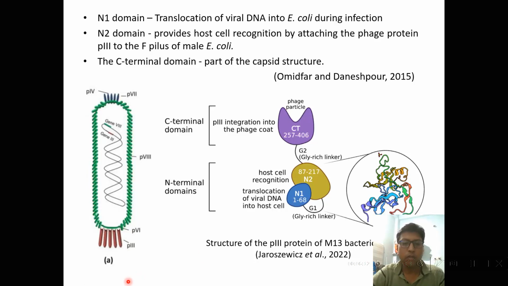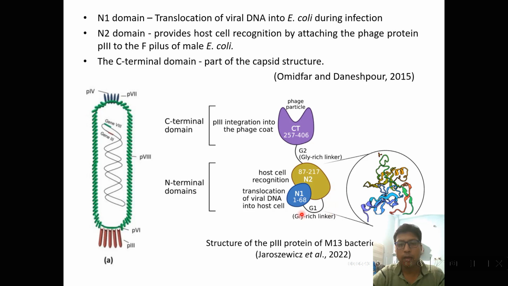Now, as we know, P8 protein and P3 protein are very important in phage display technology. That's why I am discussing the different domains of P3 and the actual structure of P8 protein. P3 protein is composed of three main domains: first the N1 domain, second the N2 domain, and third the CT domain.